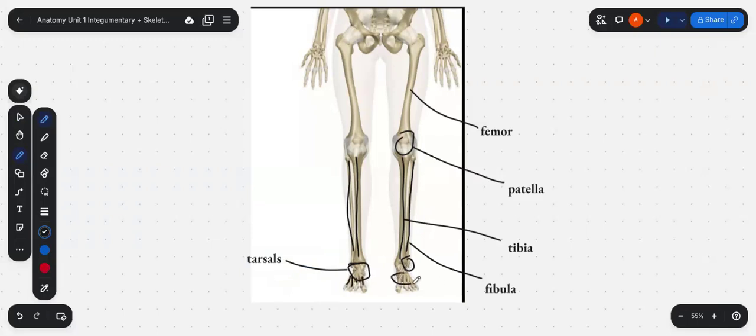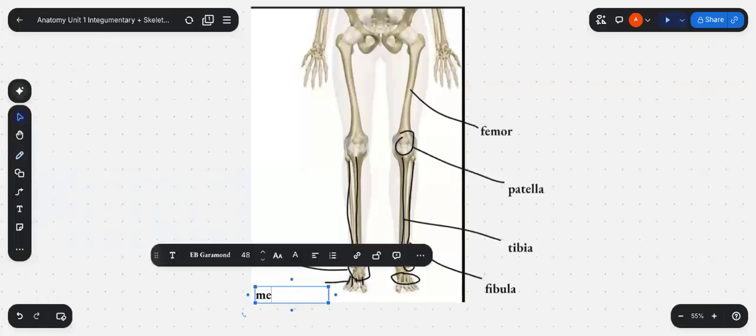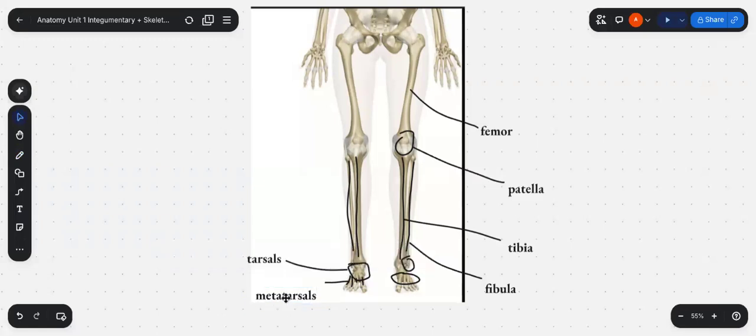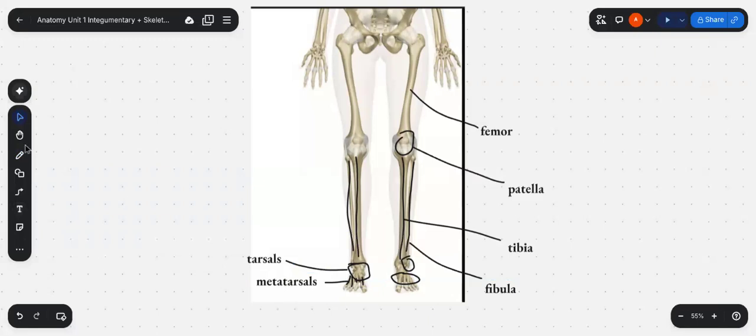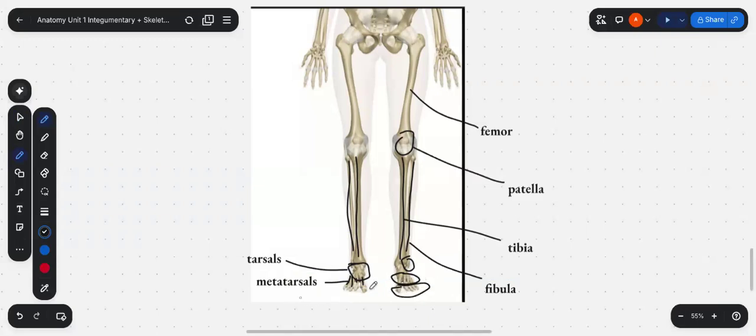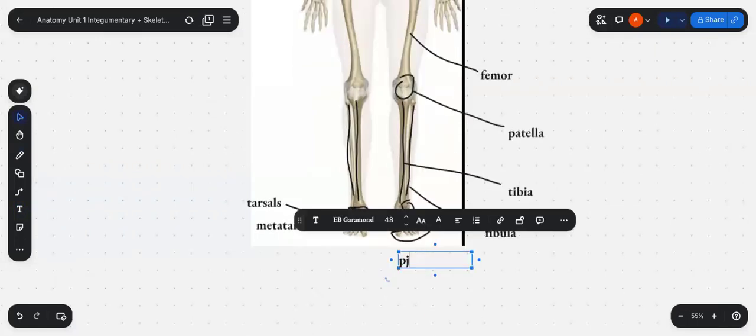So it's this middle region that is your metatarsals. And then your toes, so the remainder of the bones on your feet over here, those are all going to be your phalanges.